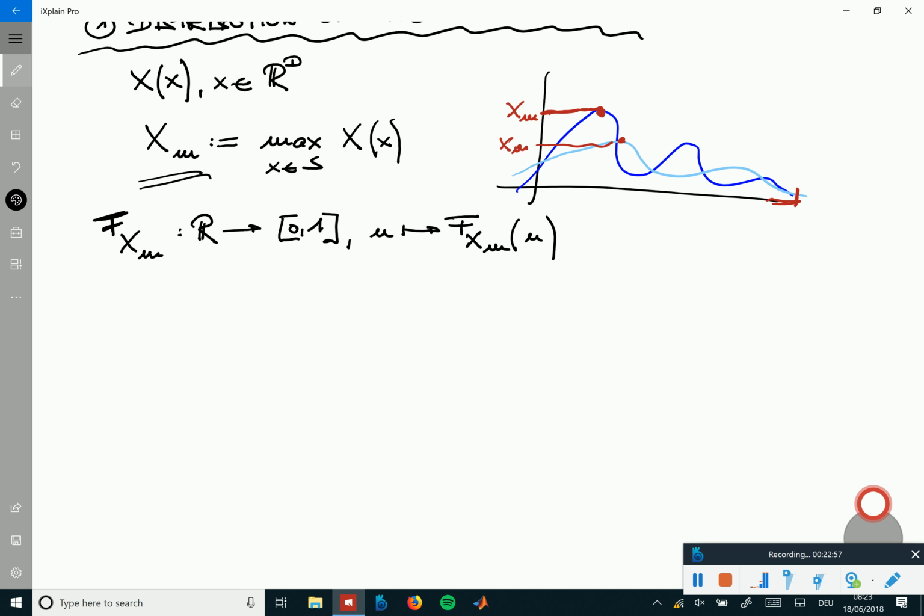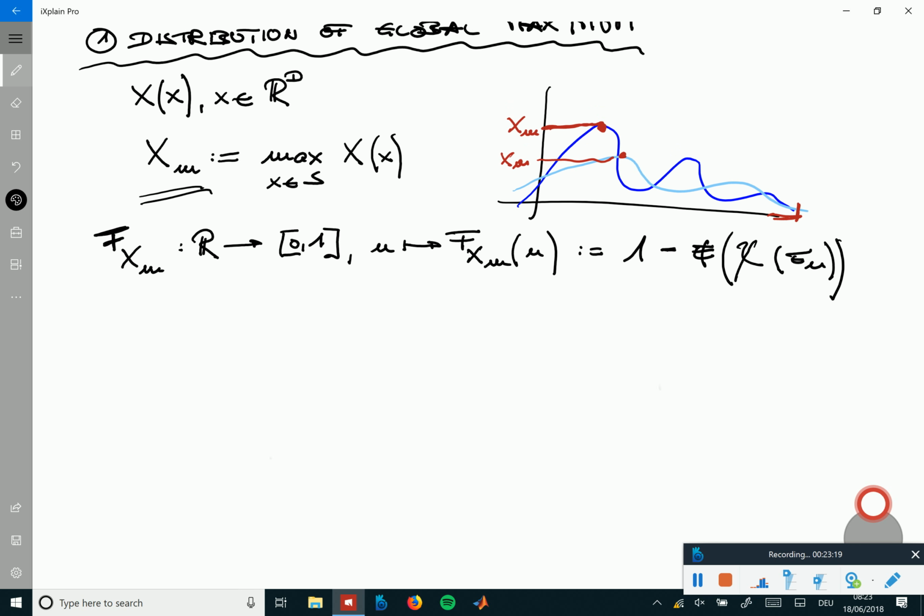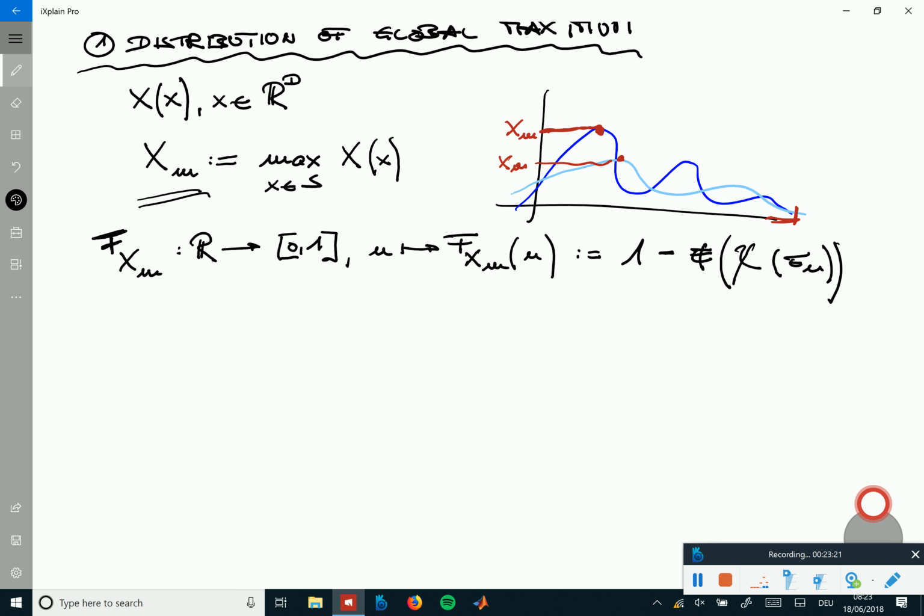And this is defined under RFP as 1 minus the expected Euler characteristic. The Euler characteristic will feature many times in this whole thing. Actually, one should investigate whether there's some double dipping with the Euler characteristic here.